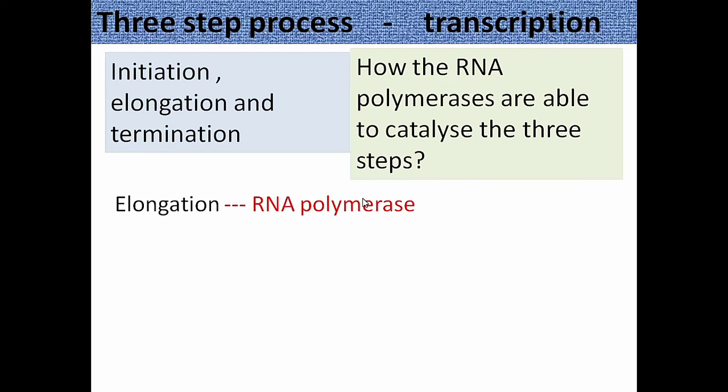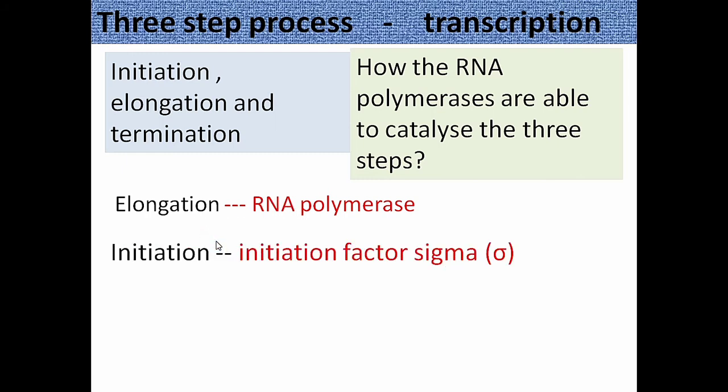RNA polymerases can directly catalyze the elongation. RNA polymerases associate with sigma factor to cause initiation. RNA polymerase is directly involved in elongation.